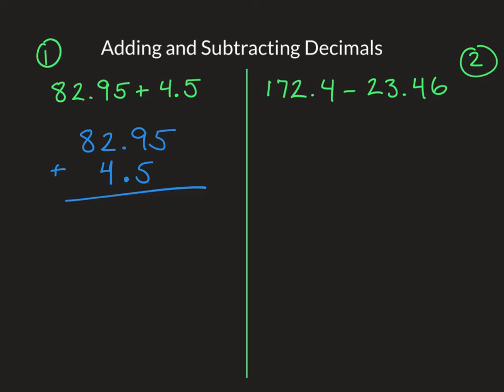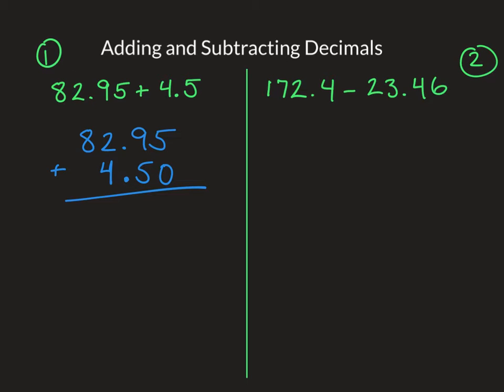But we do notice in this 4 and 5 tenths there's an empty space next to the 5 where there's a 5 in our other number. And so we can annex a 0 there so that we have all of the places filled up after that decimal point. And that's going to be even more important when we get to subtraction in the next one.